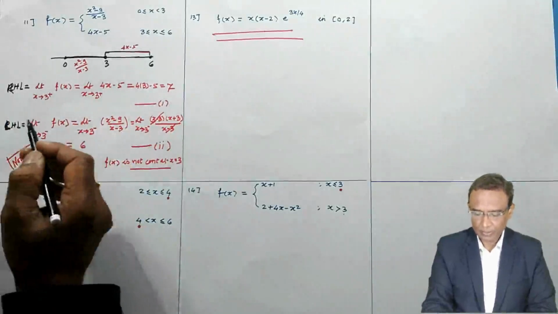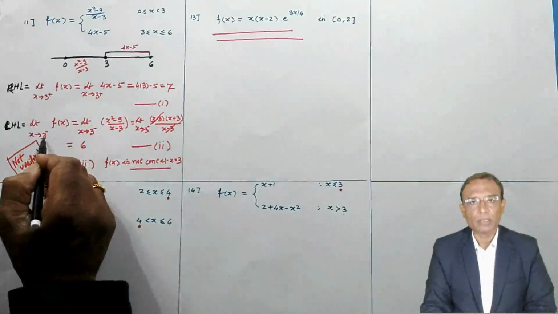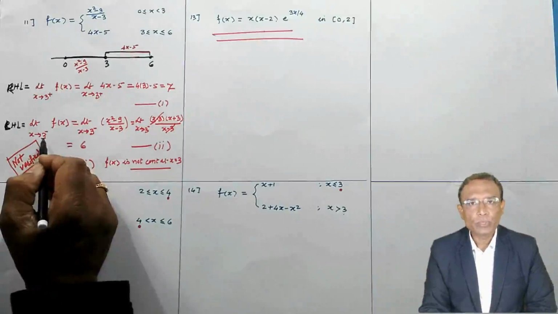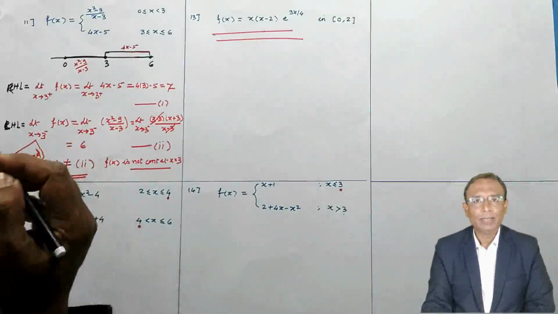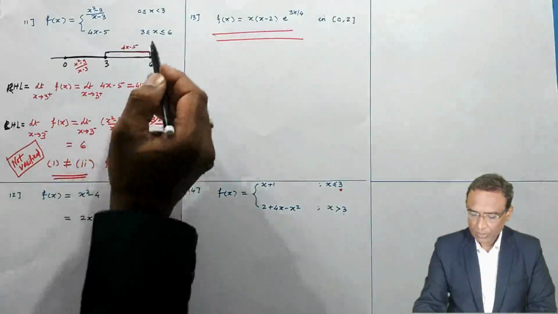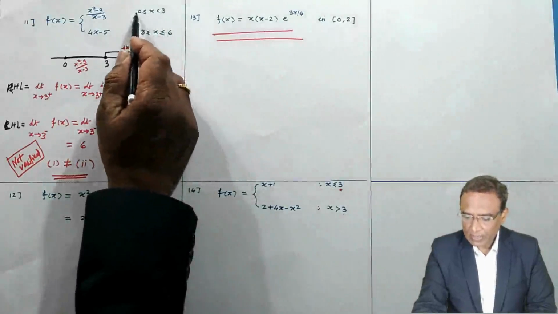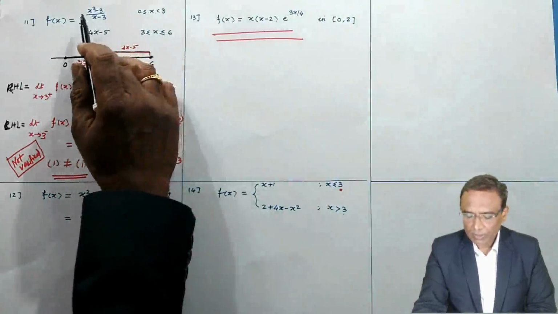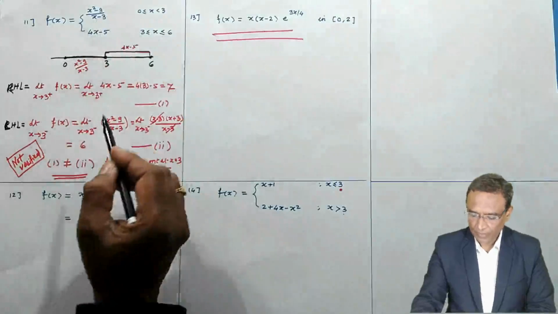Now the left hand limit, x tends to 3 minus. 3 minus means the value of x is close to 3, but a little less than 3. It comes under this interval. Therefore, the value of f(x) is this one.